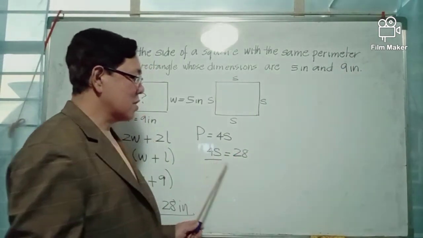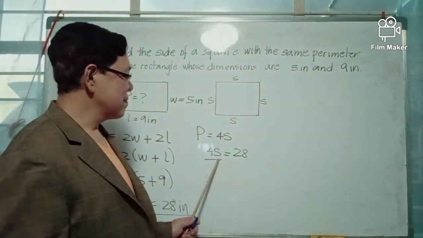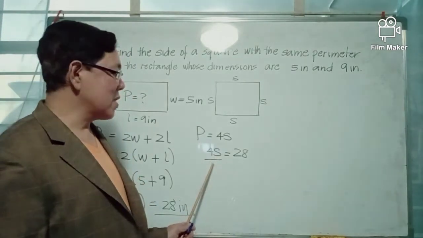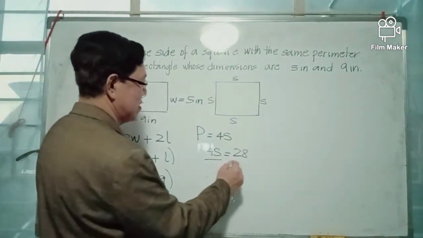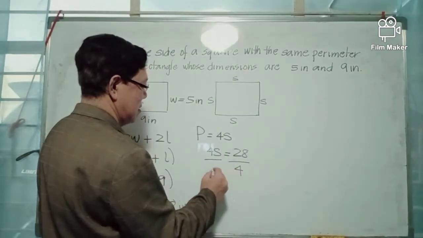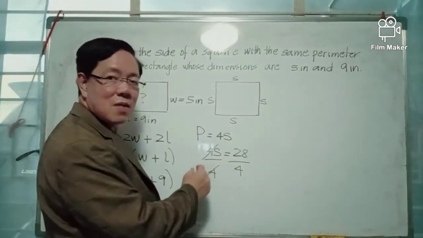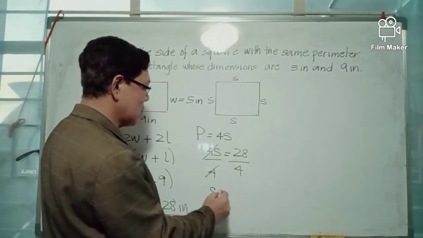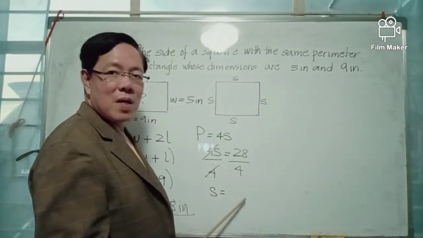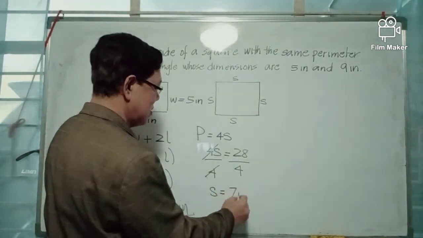And from this equation, we can solve for the length of each side by dividing both sides by 4. And 4 will cancel out from the left side. We get S equals 28 divided by 4, which is 7 inches.